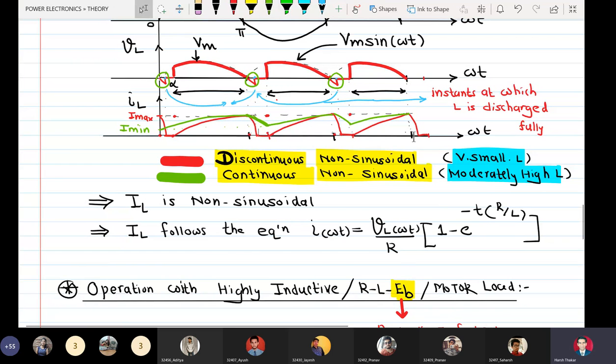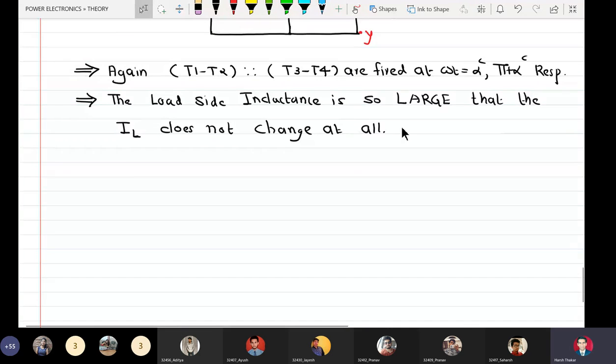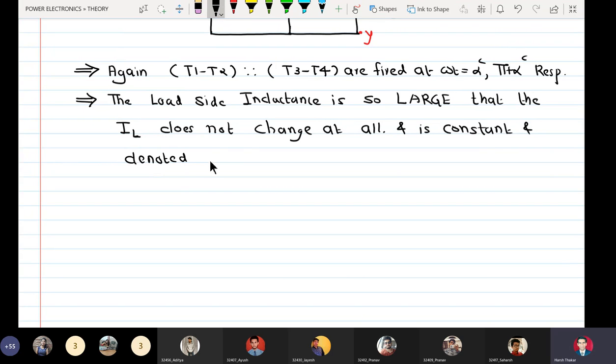For highly inductive loads, it is equal to constant, does not change at all, and is constant, denoted as either IA or I0.